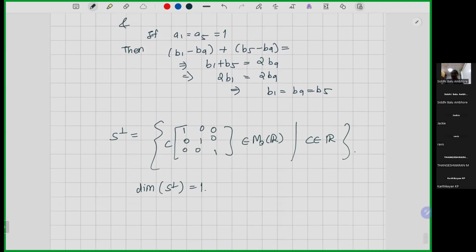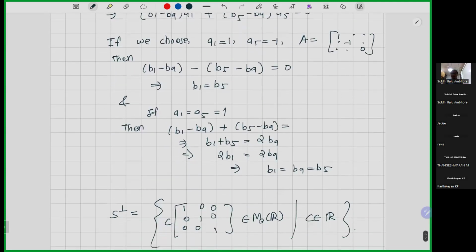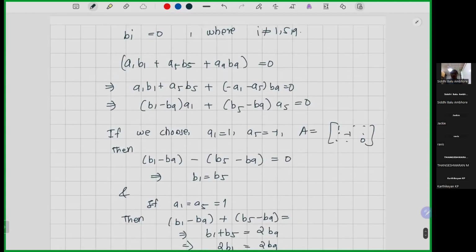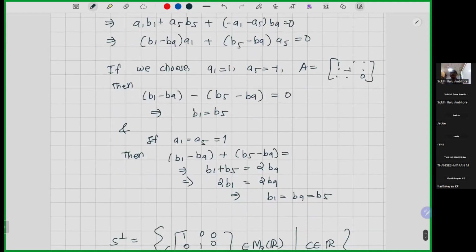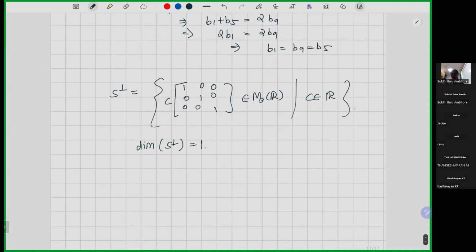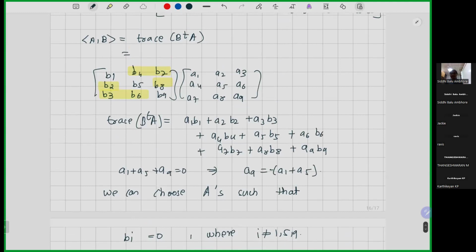So what I was saying is that I assume the BIs are 0 and end up proving that B1, B5, B9 have to be equal, and I can choose A from S such that these off-diagonal elements of B will become 0.